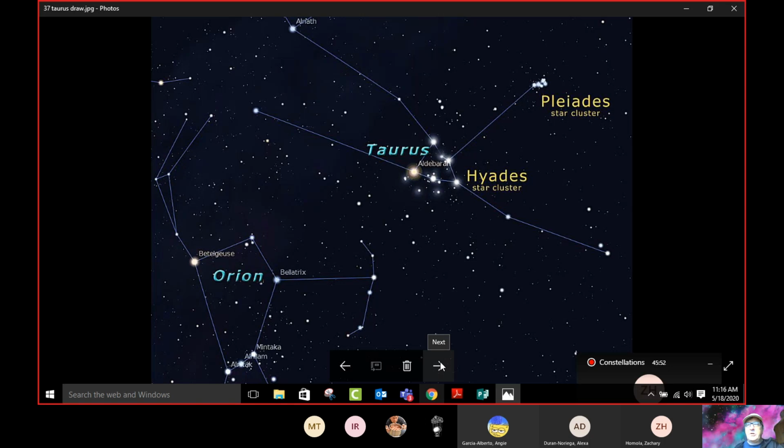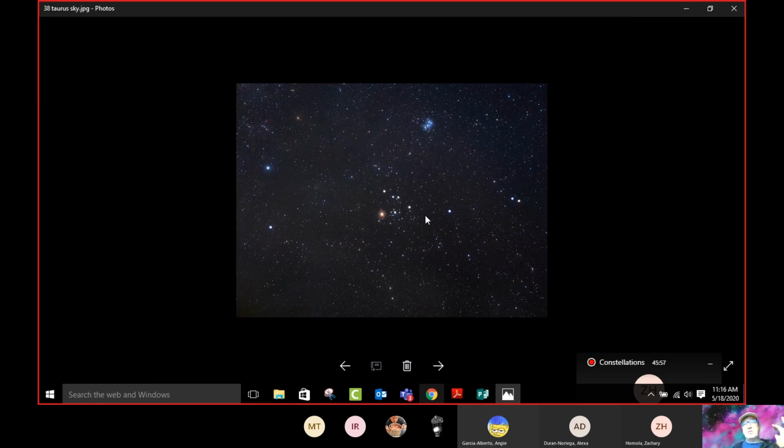Let's take another look at the Pleiades. First, what does this really look like in the sky? Well, here it is. Do you see this kind of V shape? That's the face of the bull, with this brightest star being its eye, Aldebaran. And then if we extend this V outward, we hit these two stars, which are its horns.